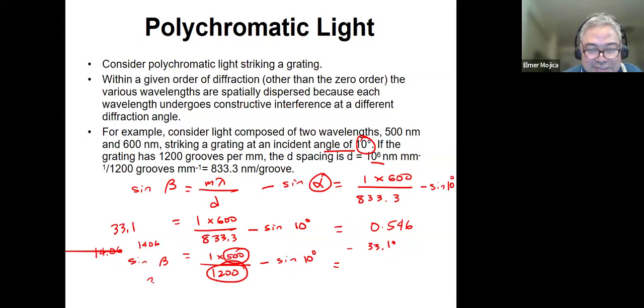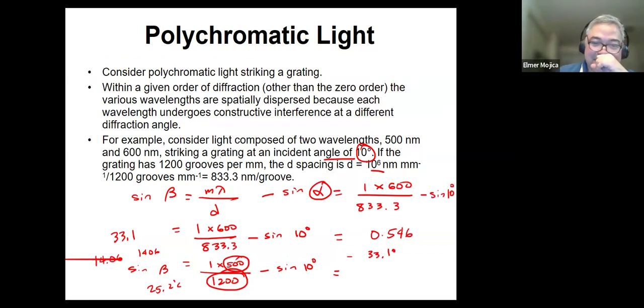So I don't want to do a calculation here. That is just given the presence of the polychromatic light.